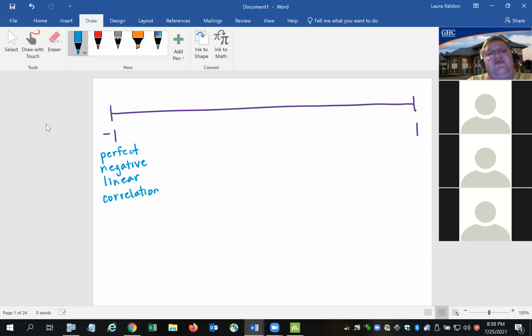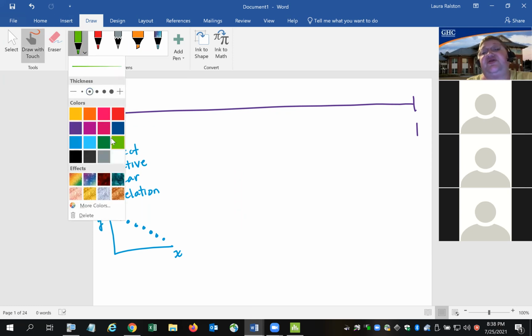And visually, if you have this picture, you would literally have your data values lined up in a perfect line, and they would appear to go down as you move left to right.